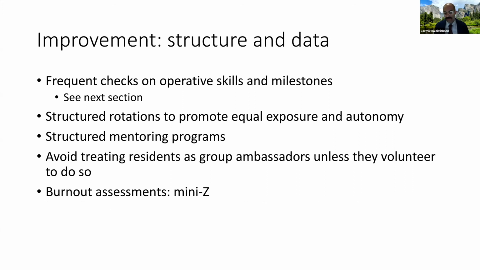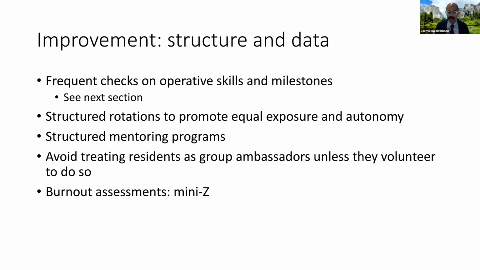So how do we get better? Well, one step is just structure and data. We'll talk a little bit later about operative skills and milestones, but frequent check-ins on operative skills and milestones are probably important here to make sure people are not only keeping up, but feel like they're keeping up. Structured rotations may help promote equal exposure to case diversity, different attendings, and provide increased autonomy. Structured mentoring programs are always helpful.